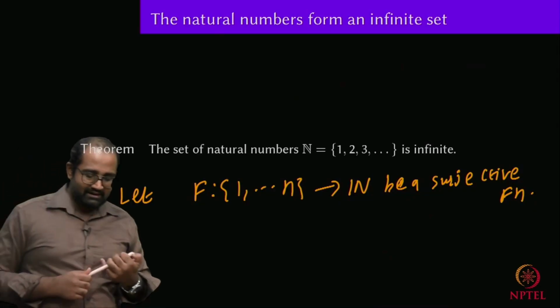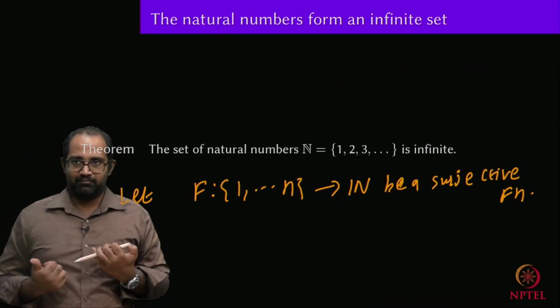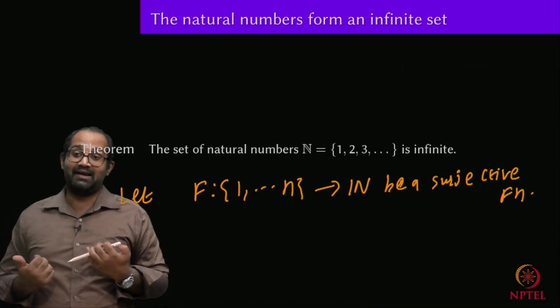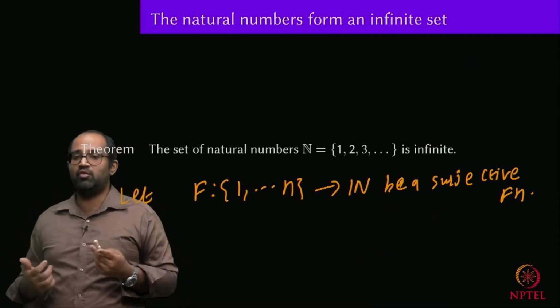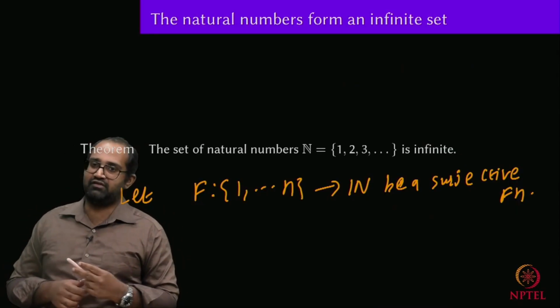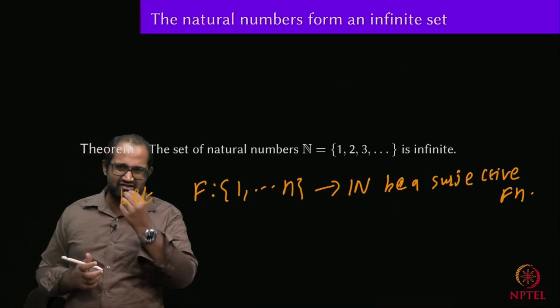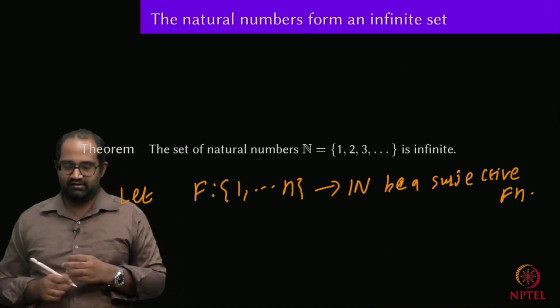So technically I have more at my disposal. I can reach a contradiction by starting with a bijective function, but a bijective function is surjective. I am going to show that there is no surjective function that is possible from 1 to n to natural numbers. So this additional little bit of flexibility that I get will prove to be useful in subsequent results.